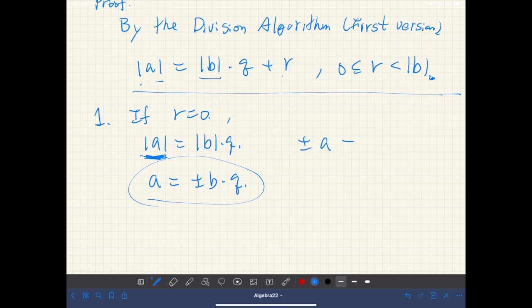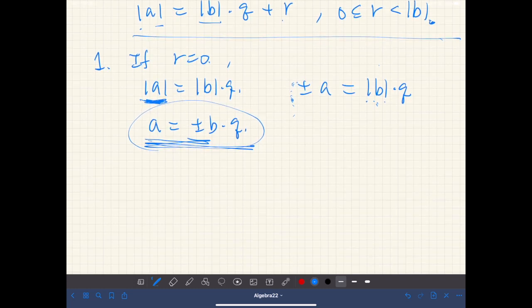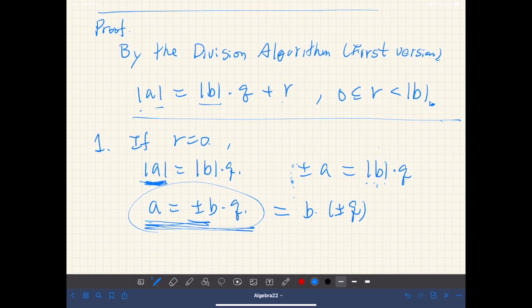Then we have plus minus a modulus of b times q. Then get rid of this. So we might have positive b or negative b. If we consider both cases, these signs may or may not be cancelled. So after all, we have this result. But anyway, from this we have b times plus minus q. Of course, positive or negative q, either way they are an integer. Therefore, the claim is true.